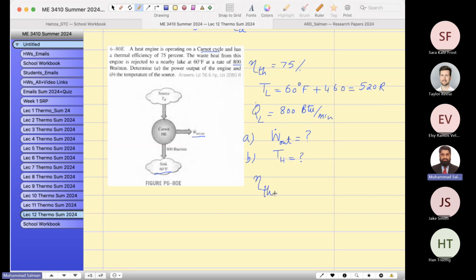Since thermal efficiency has been given, let's start from the basic concept: work output divided by the heat supplied. The work output is not given. We have to find this out.